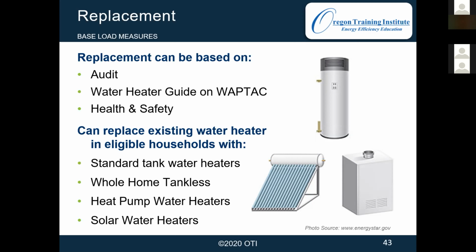Like if they had just a regular electric tanked water heater, this can be cost effective, but is a big initial investment of $8,000 or probably more. But if they're spending a substantial amount, then it can be worth it.